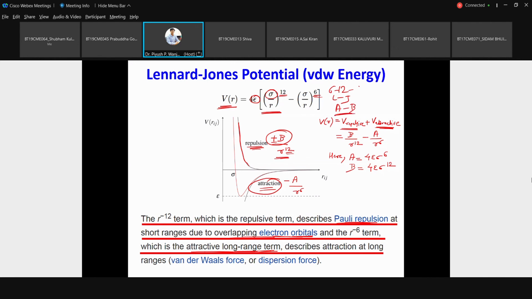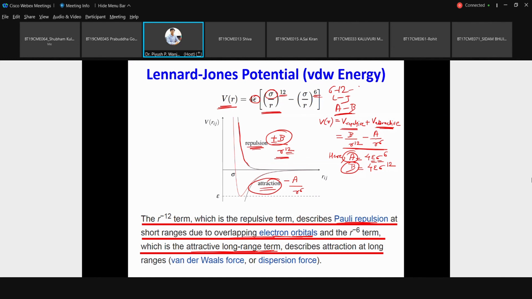Again, for estimating any van der Waals interaction, you always need to know only two things, epsilon and sigma. So A and B are derived from epsilon and sigma only. If you substitute the values of epsilon and sigma into this formula, it results in the AB form: B by r power 12 minus A by r power 6. The minus term is because of the attractive part.